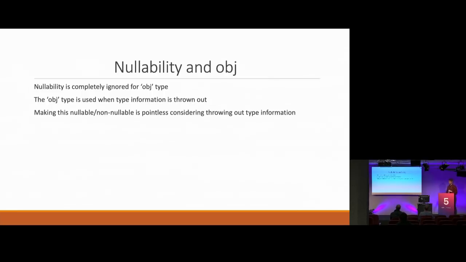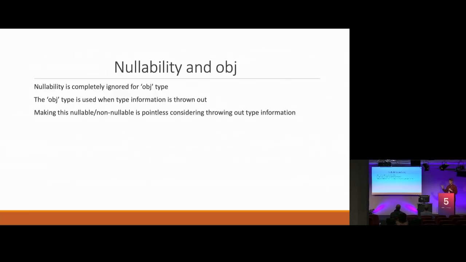And so I'm sure plenty of you have encountered type inference inferring something to be OBJ and then warning you, saying, hey, you're trying to use this stuff as if it has a type, but this thing is actually OBJ, and so it has no type, so maybe you want to rewrite this. So it's kind of pointless to add nullability semantics to this thing, since there's no type information for us to really do anything with.